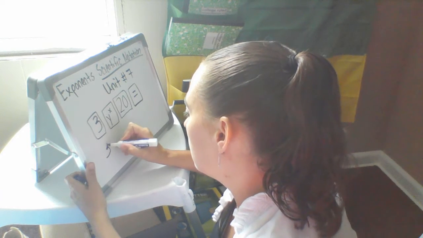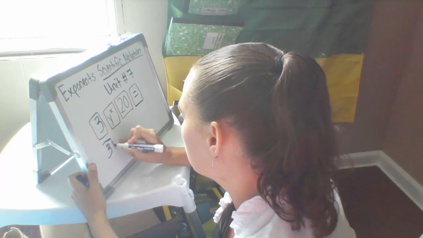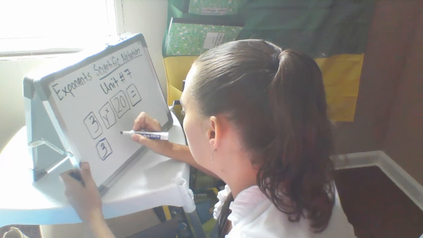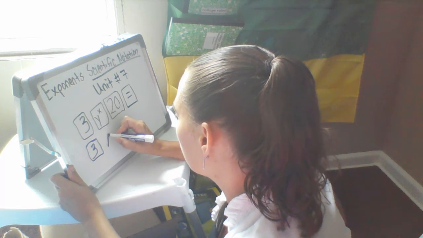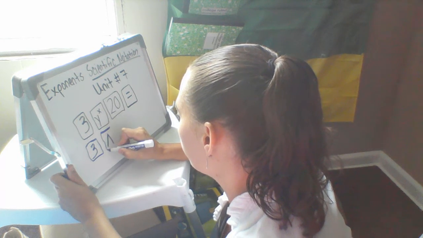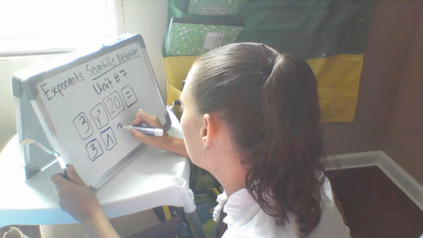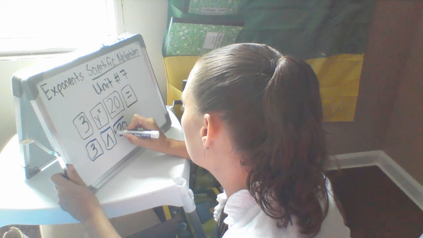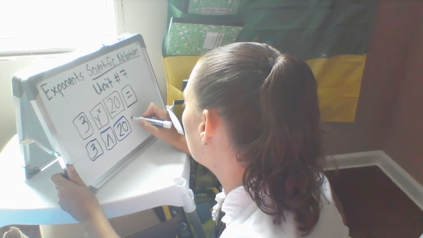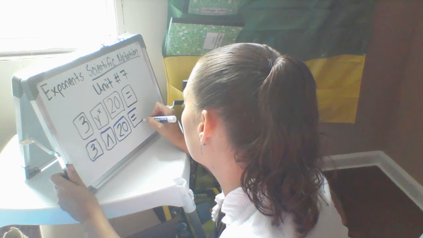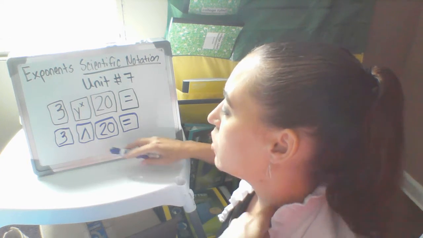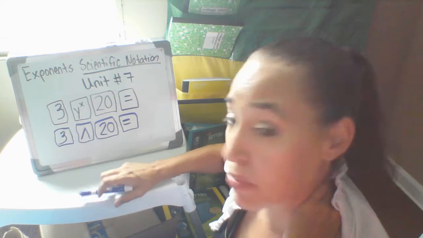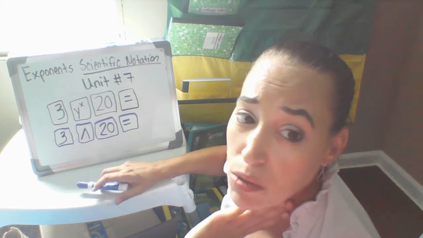It could be 3, caret, and then 20, then the equal sign. If you don't have the y to the x button, you would have what's called a caret button. You would press the caret button, and then it would be to the 20th power.